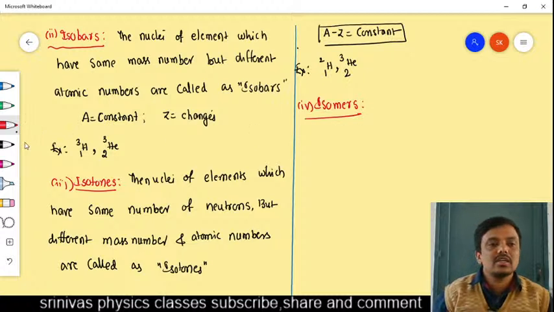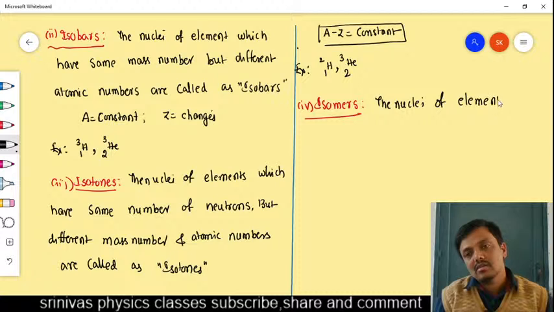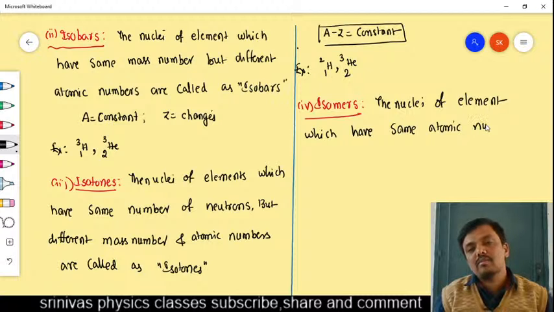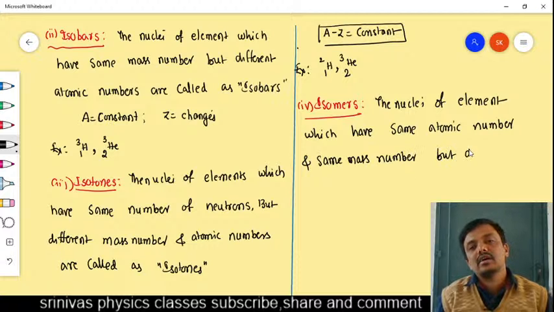Isomers means the nuclei of elements which have the same atomic number and same mass number but different radioactive properties.